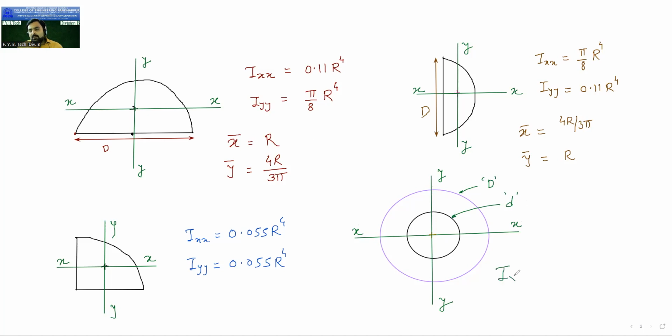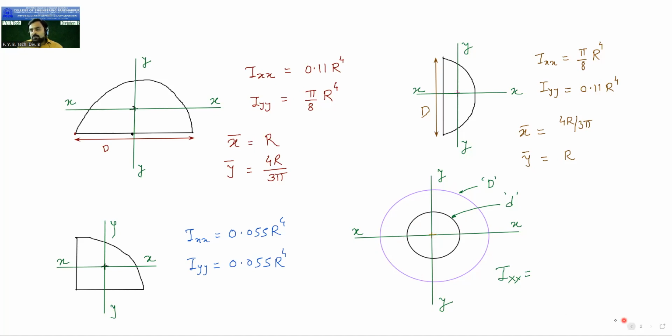For hollow rectangle, we have already seen in the last lecture. Now you tell me for hollow circle, what we need to do? Capital D minus small d. Correct. So from the bigger circle, you need to subtract this smaller circle.